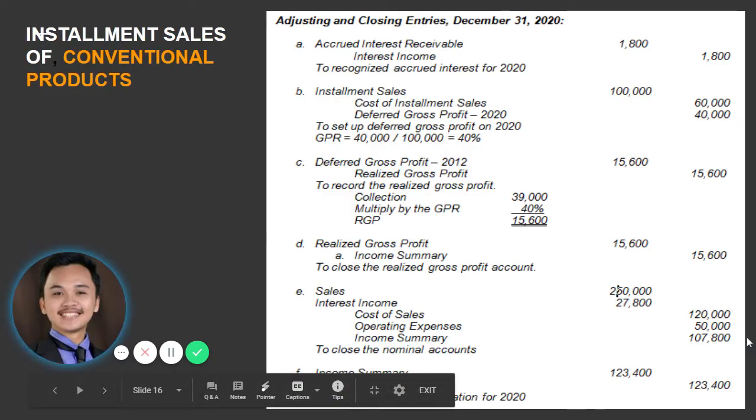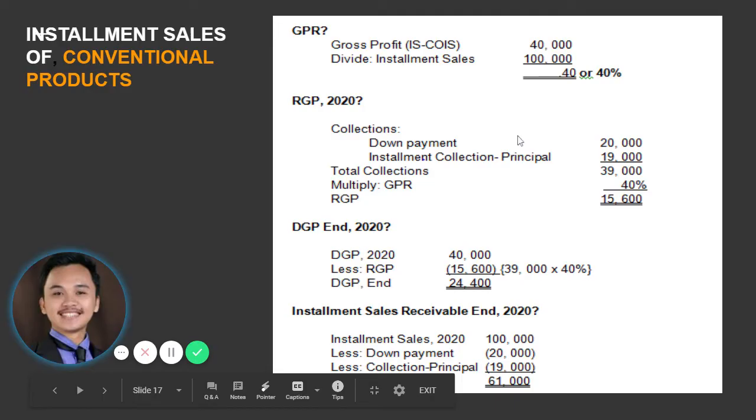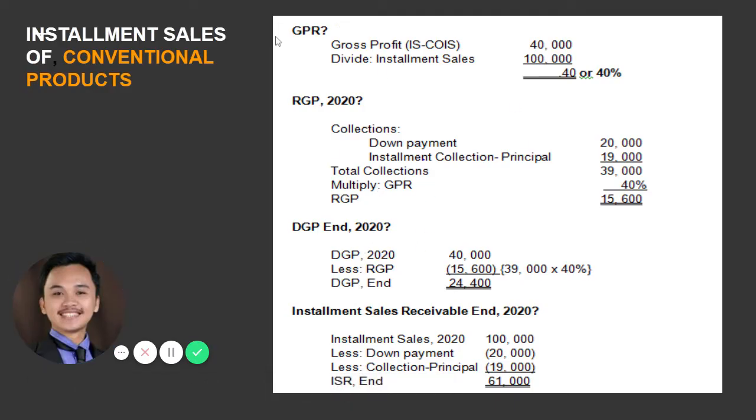Now this time guys, let's proceed with the most common mga questions about installment sales. So for example, we have here GPR, no? So as mentioned earlier, we were able to compute naman GPR. So how to compute GPR? For computational na arrangement, because earlier more on entries, this time let's prepare it more on computational na format.